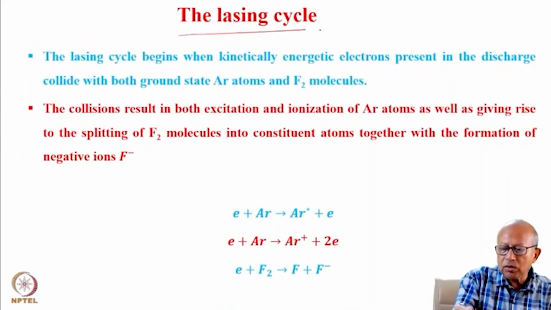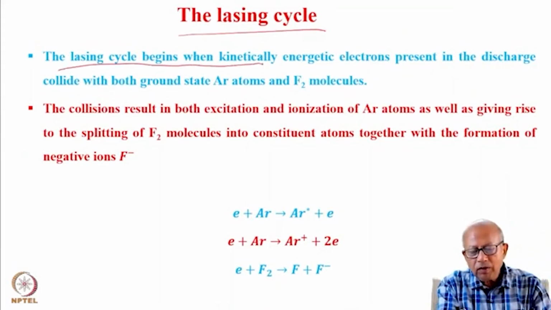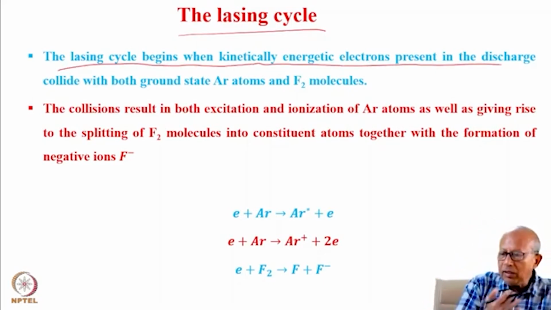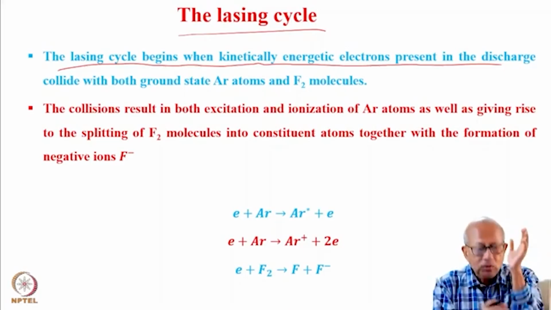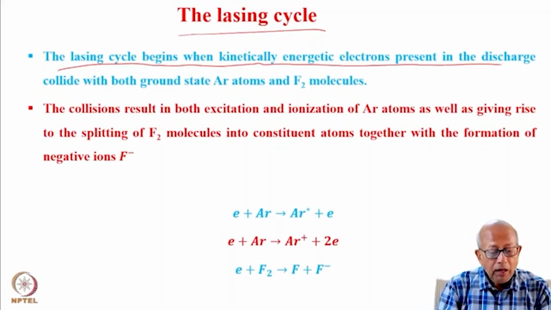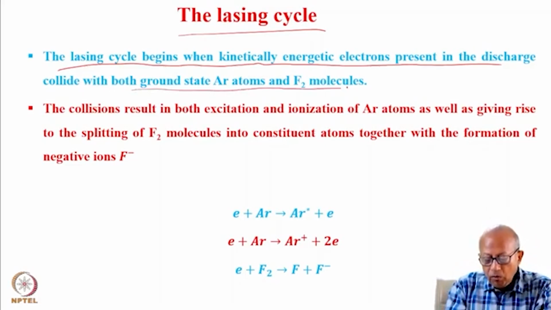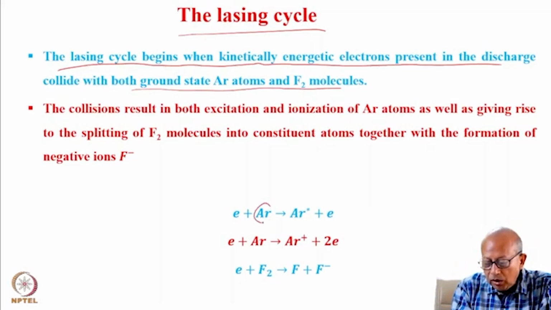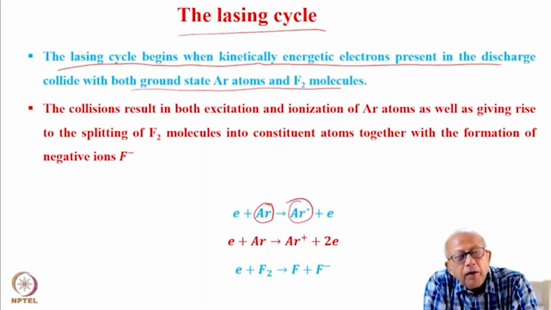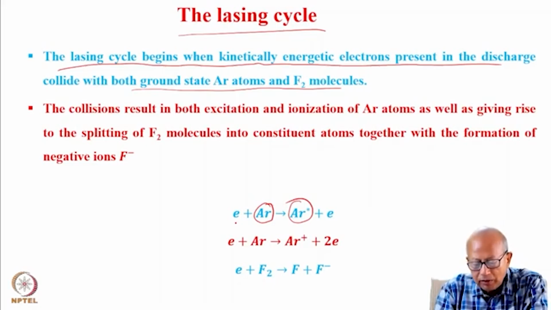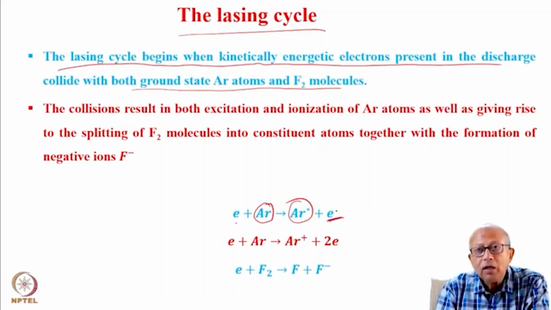So the lasing process goes like this. The lasing cycle begins with kinetically energetic electrons present in the discharge, because in the discharge the electrons will acquire kinetic energy. You now know it very well. It will collide with ground state argon atoms and fluorine molecules. So when it collides with a ground state argon atom, it has kinetic energy, so argon will go to the excited state at the expense of the kinetic energy from this electron, and the electron will now move with less kinetic energy.